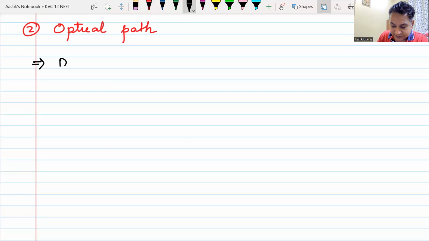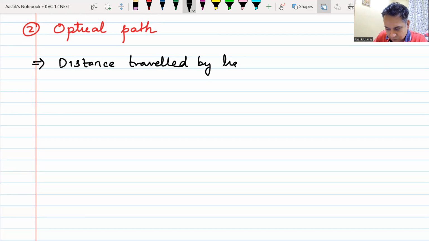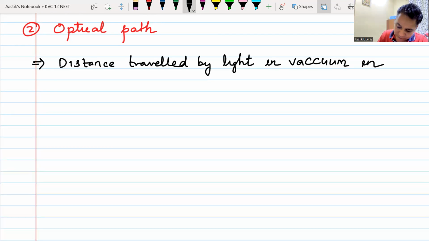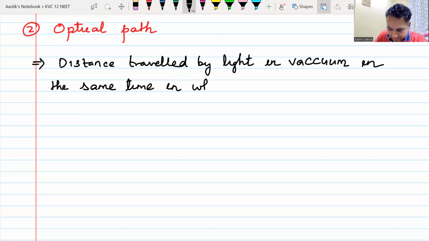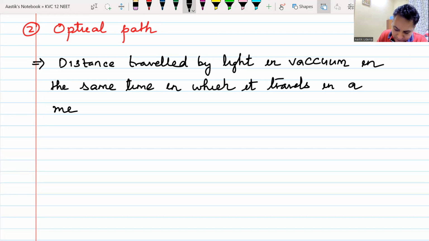So optical path is the distance traveled by light in vacuum in the same time in which it travels in a medium. That is how this optical path is defined.